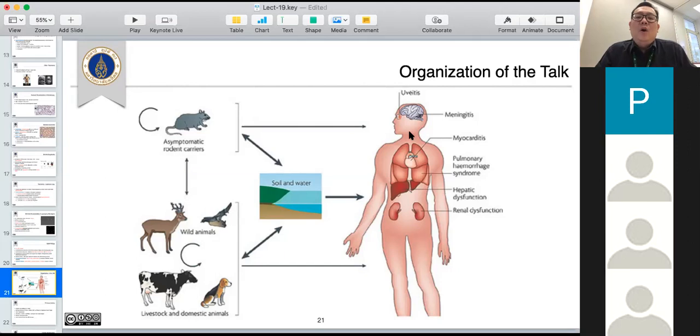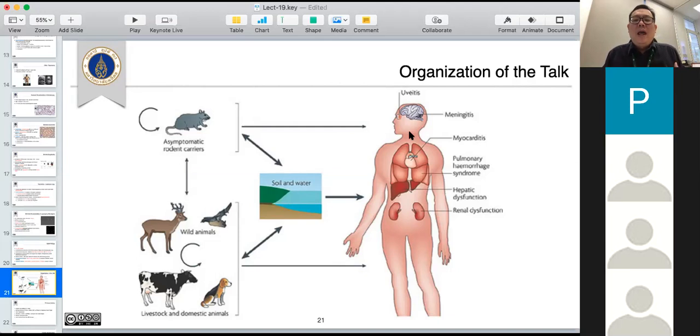Okay, if they go to the heart, they probably cause myocarditis, making the heart tissue inflamed. If they go to the lung, they probably cause hemorrhage, pulmonary hemorrhage syndrome. So blood circulation leaks in the lung and fills the alveoli with blood. That makes severe symptoms.